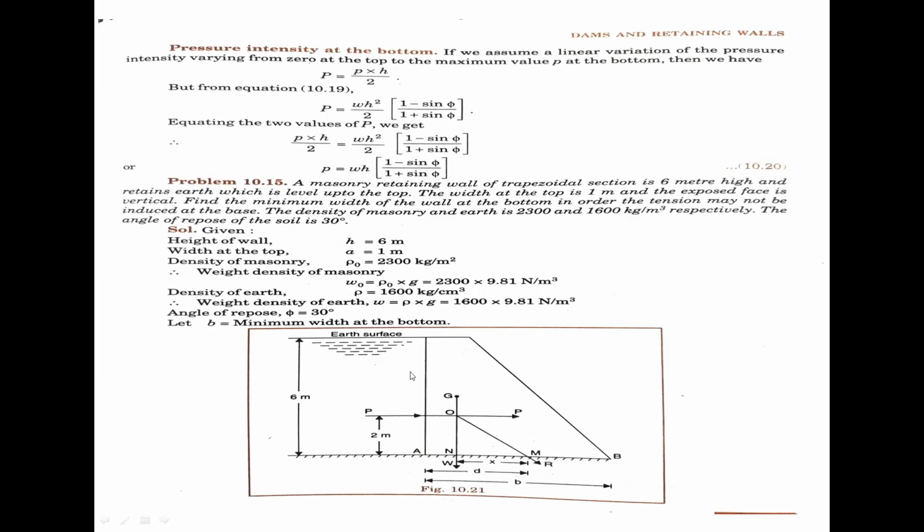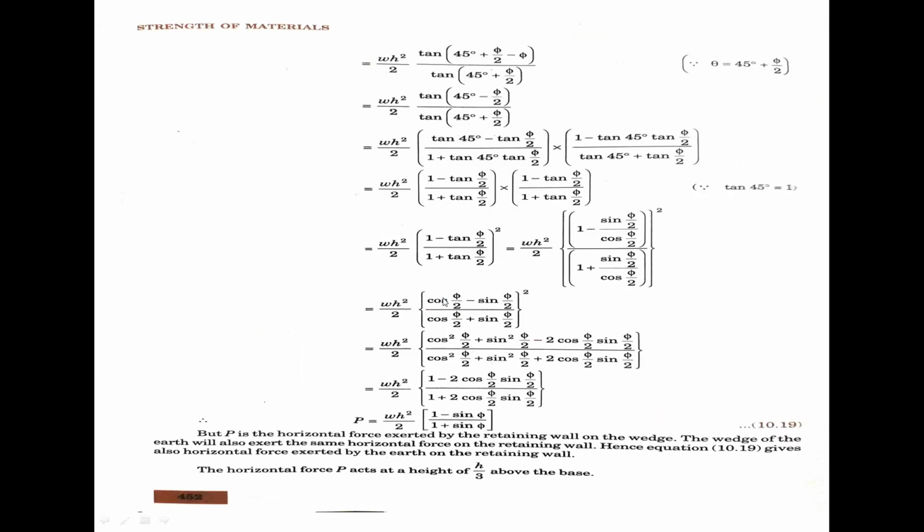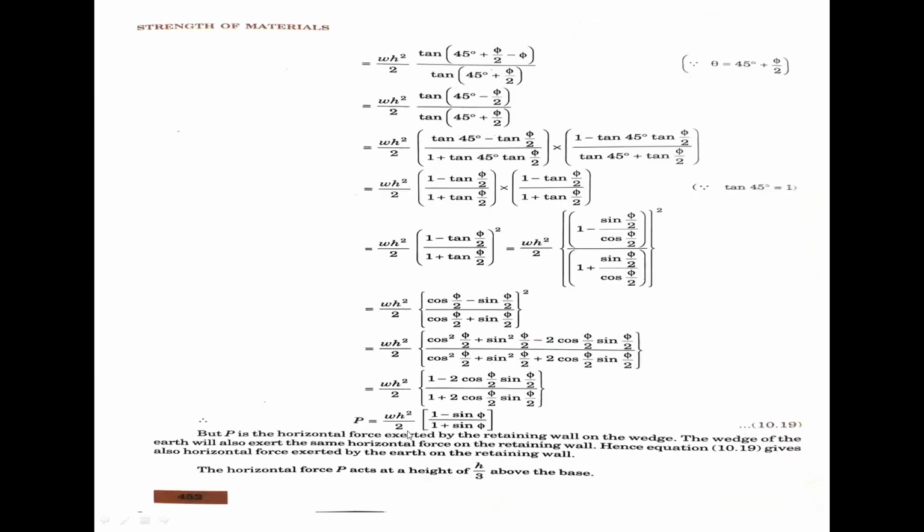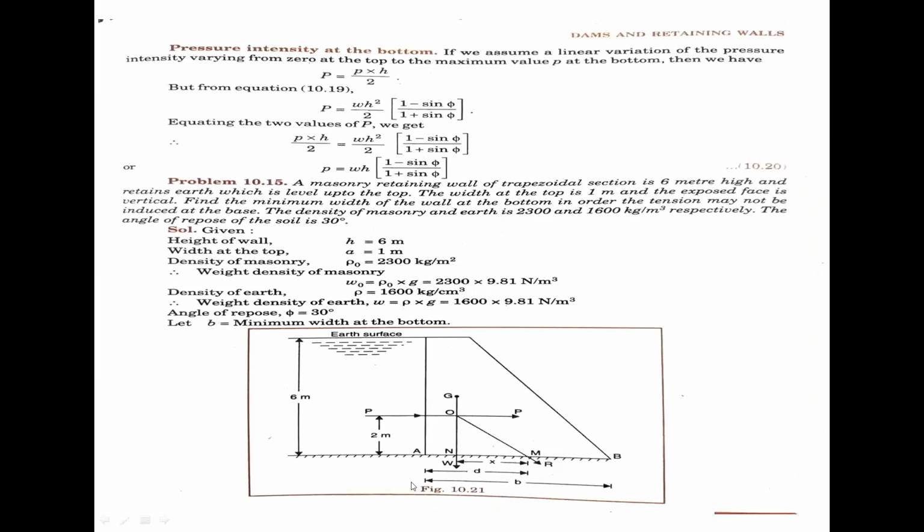In the derivation I have to calculate W, the weight of the wedge of the earth, WH square by cot theta, and P equal to WH square by 2 into 1 minus sin pi by 1 plus sin pi, acting at a height of h by 3 from the base for a trapezoidal retaining wall. Now you have got the values.